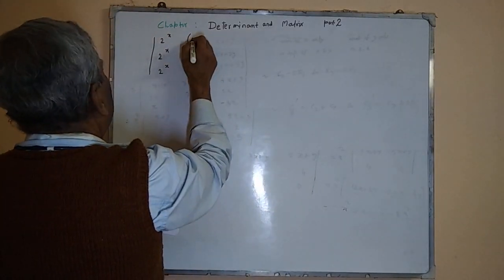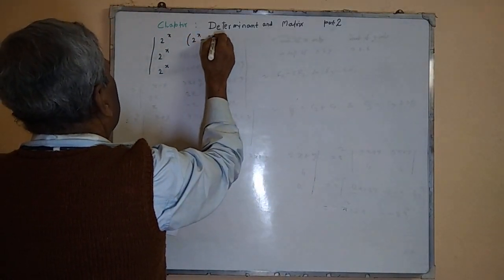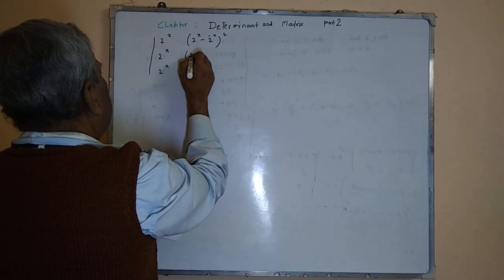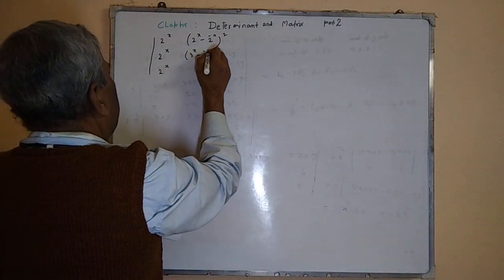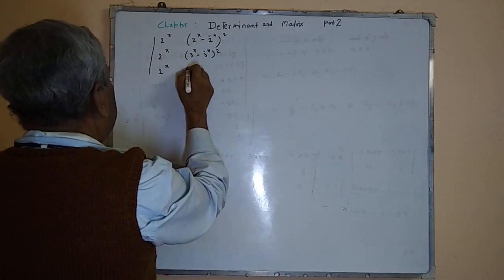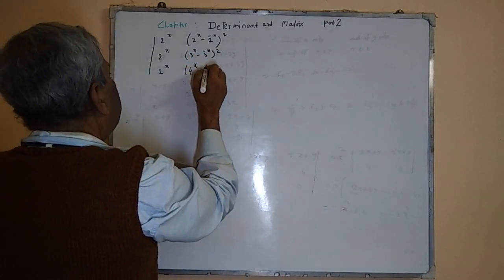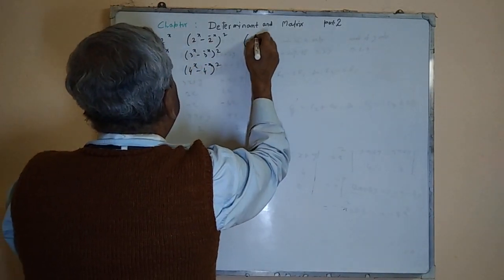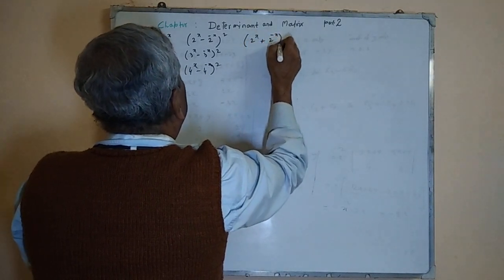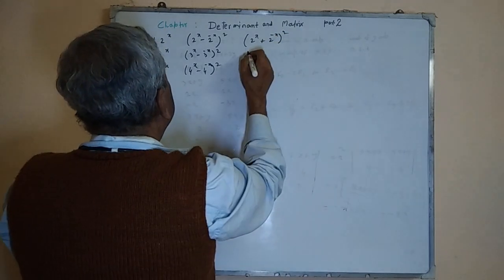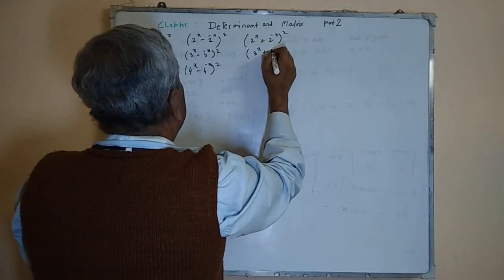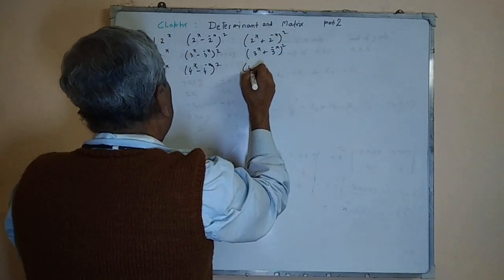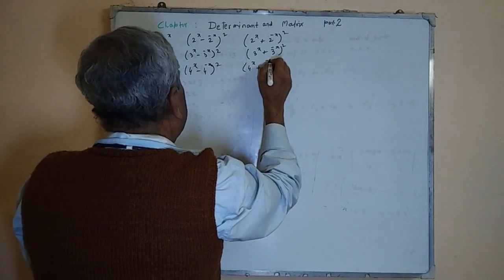Second column is 2 to the power x minus 2 to the power minus x whole square, 3 to the power x minus 3 to the power minus x whole square, and it is third column whole square. This is 3 to the power x plus 3 to the power minus x whole square, and last one is 4 to the power x plus 4 to the power minus x whole square.